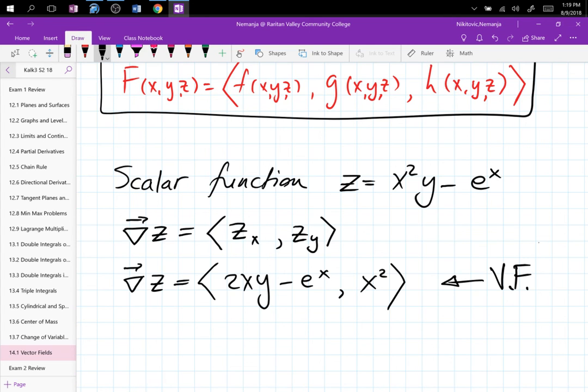So you pick a point in space and you compute the vector at that point. You draw that vector and you move to the next one. Obviously, it's impossible to draw every single one because there are infinitely many of them occupying any space you pick. And last, you can generate your vector fields by having a scalar function and figuring out the gradient of that function.